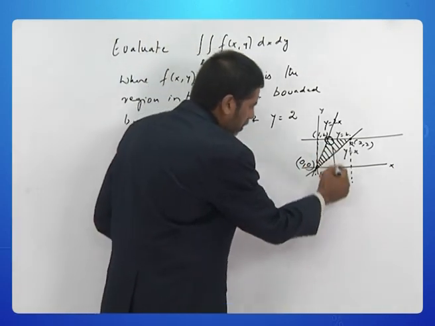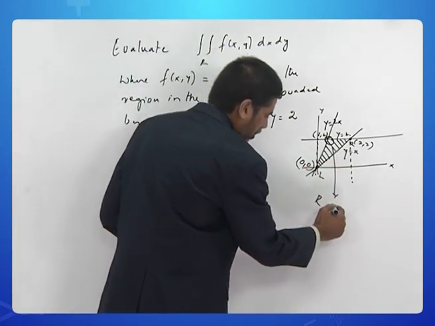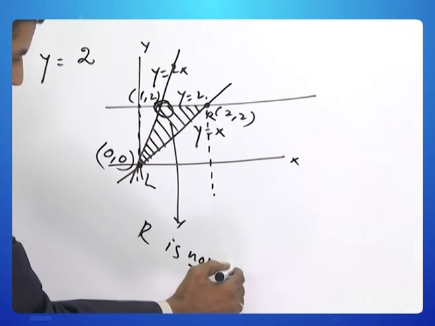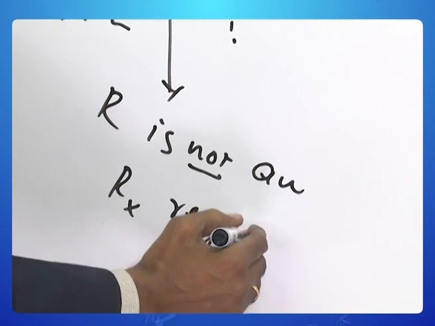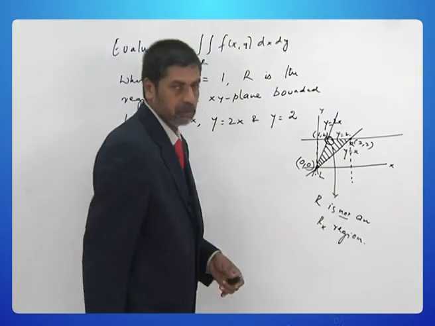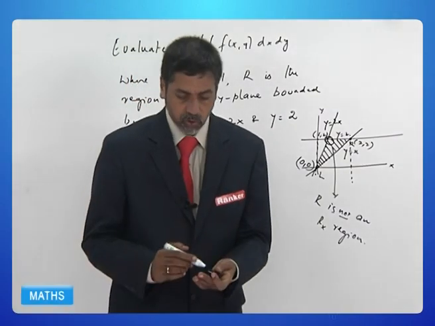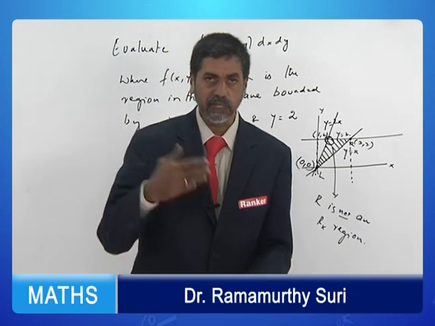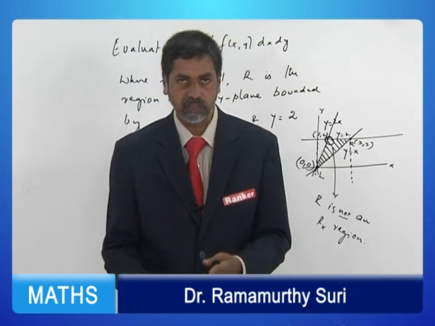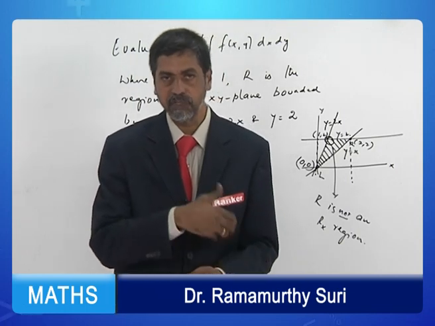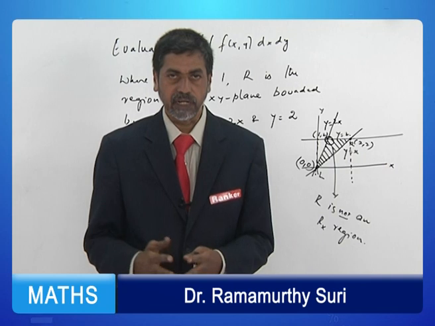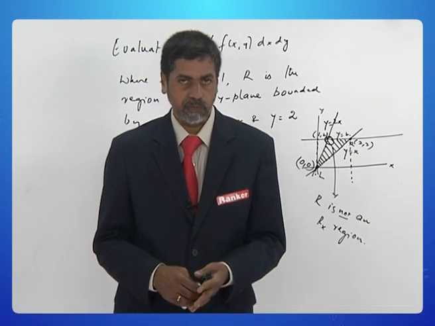Therefore, this region is not an Rx region. So I am going to tell you now the second type of region known as the RY region, and we will see how this region can be seen as an RY region so that integration can be easily performed.